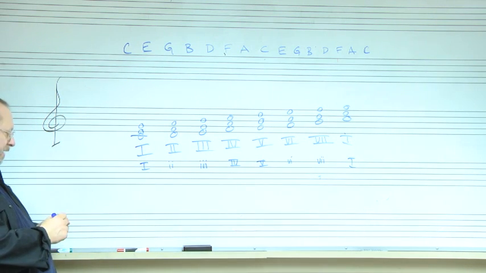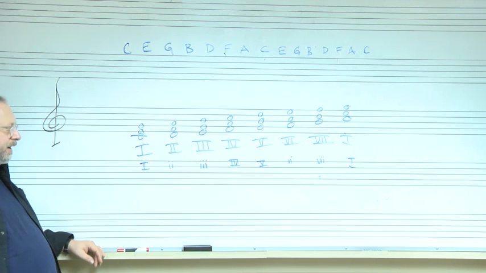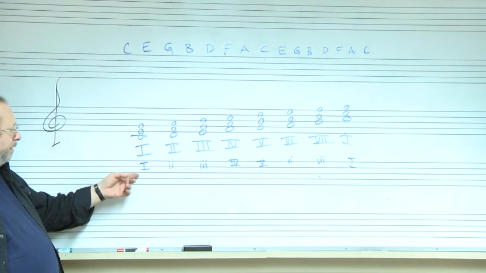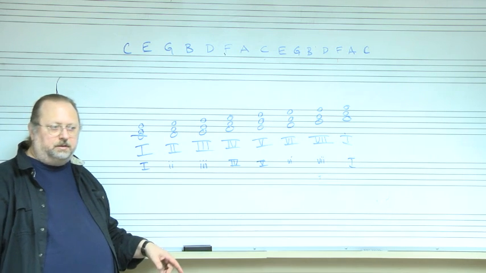That's how they always write it in traditional. Uppercase for the 1, 4, and 5. Major and perfect are uppercase. Minor and diminished are lowercase.